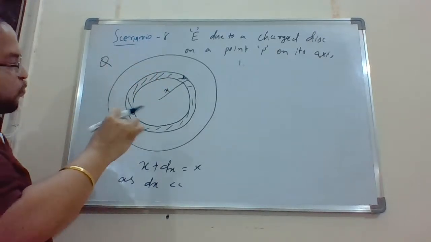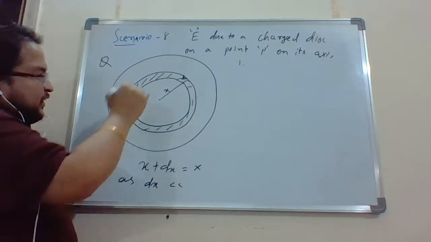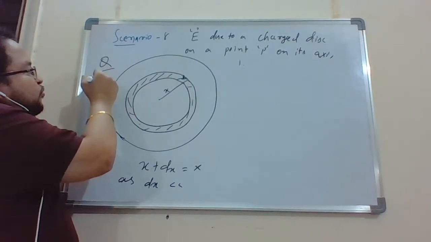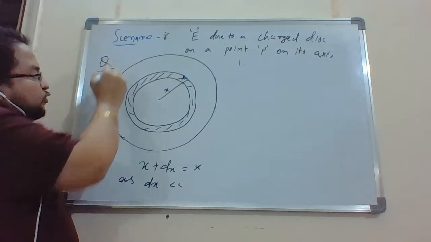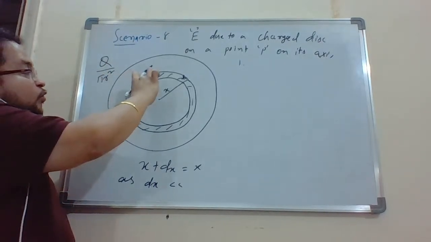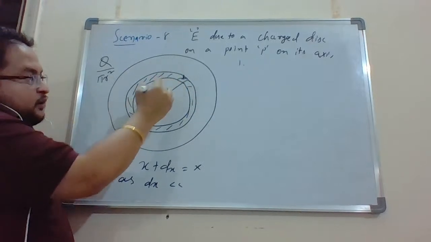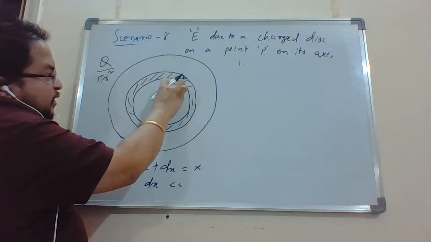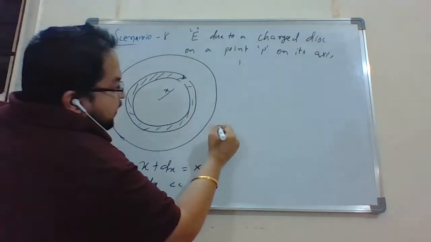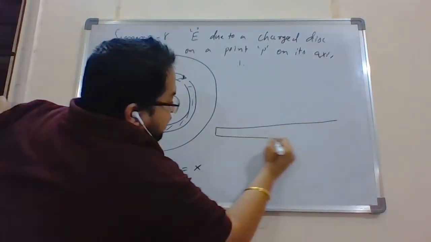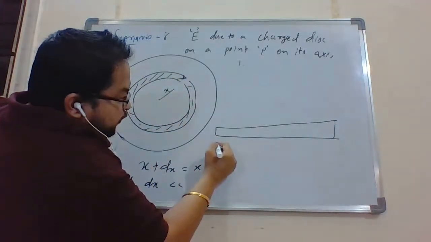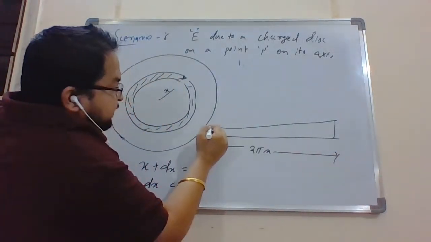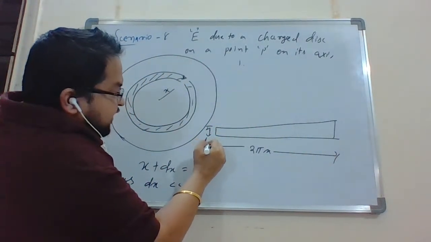Now I will find the charge per unit area, Q by pi r square. What will be the area of this segment? Simple. If I cut it from here and make it a straight ribbon like this, then this length would be 2 pi x, and this width is nothing but your dx.